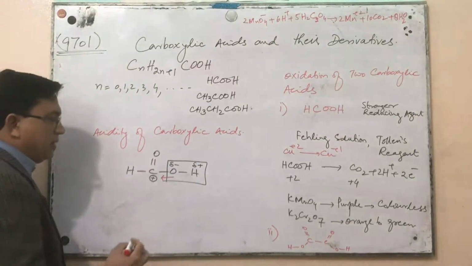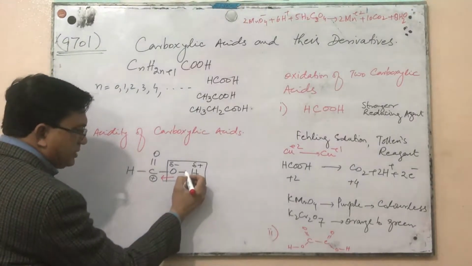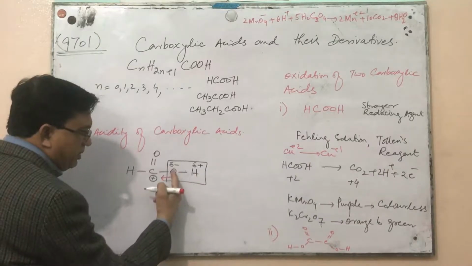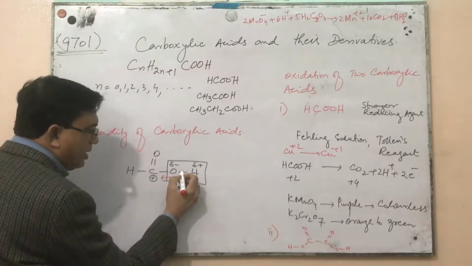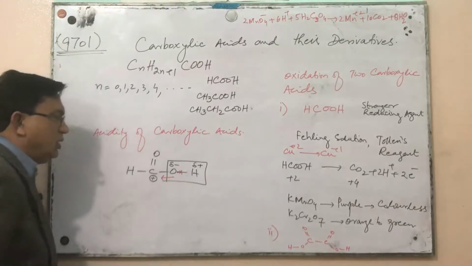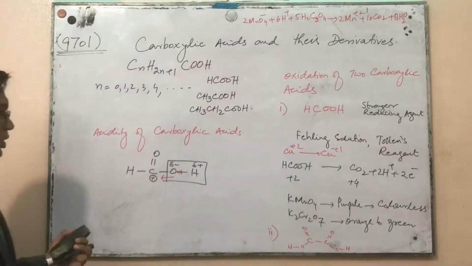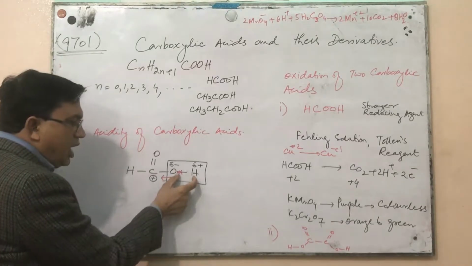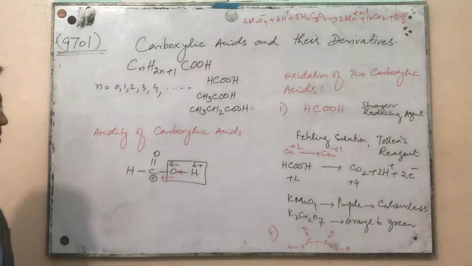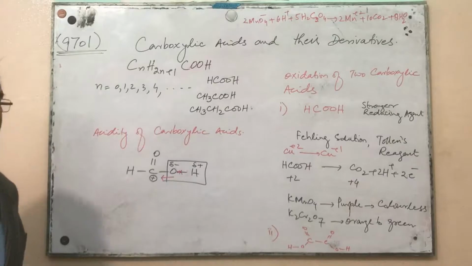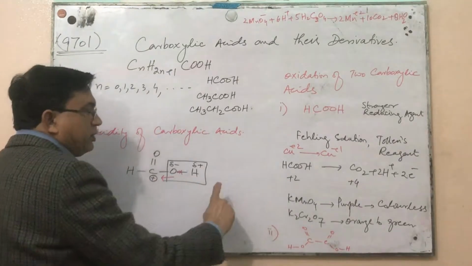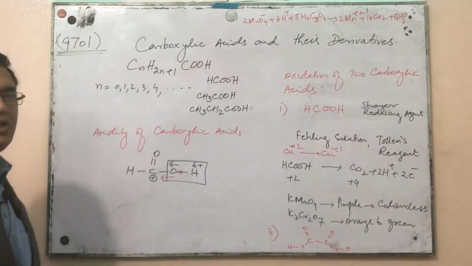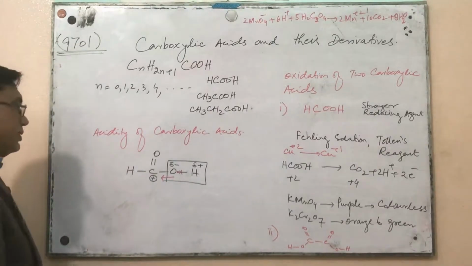As a result, what will happen? The electron pair present between oxygen and hydrogen will be tilted and become much closer to the oxygen atom. So the breaking of this uneven oxygen-hydrogen bond becomes quite easy. That's why this will liberate H positive ion and become ionized as compared to the others.